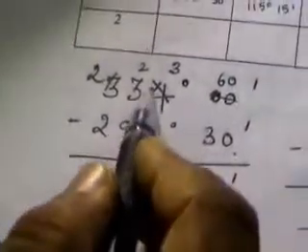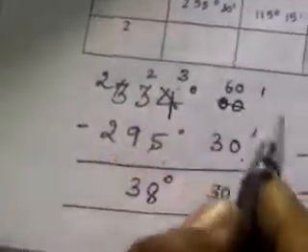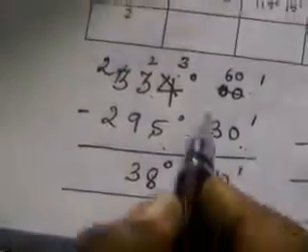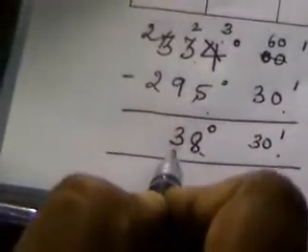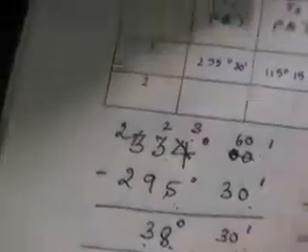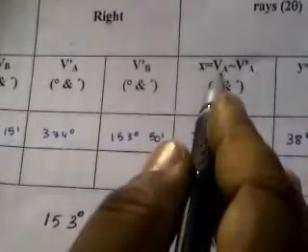Borrow 1 degree from here, which becomes 60 minutes. So this becomes 3. So 60 minutes minus 30 minutes is 30 minutes. 13 minus 5 becomes 8. And 12 minus 9 becomes 3. So we have 38 degrees 30 minutes as 2 theta for VA difference VA prime.